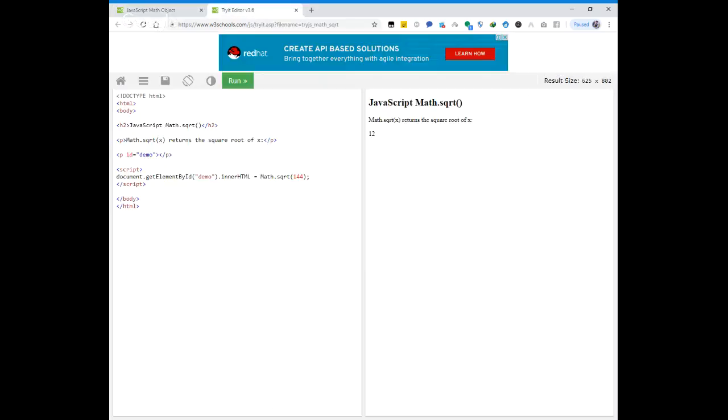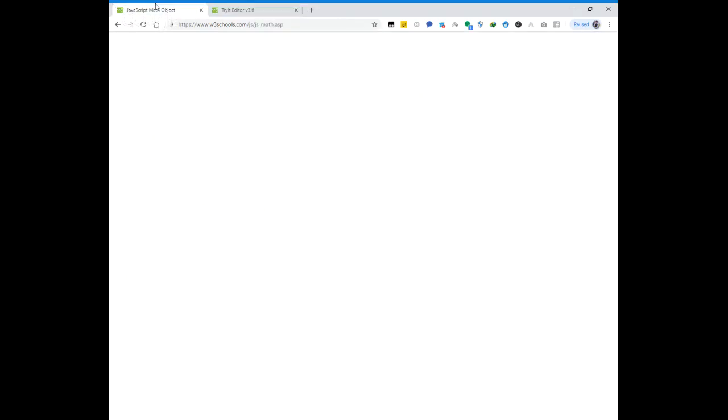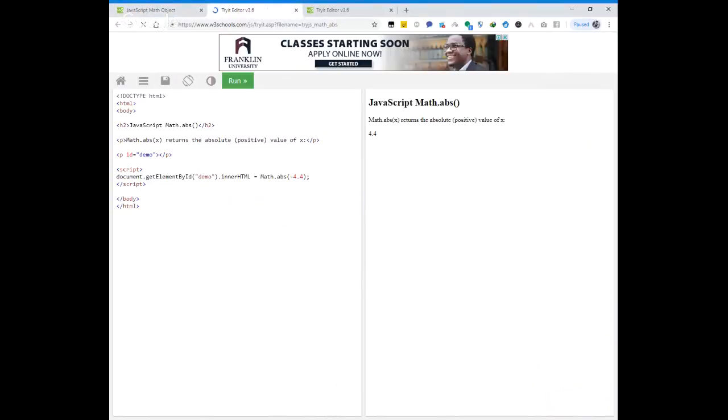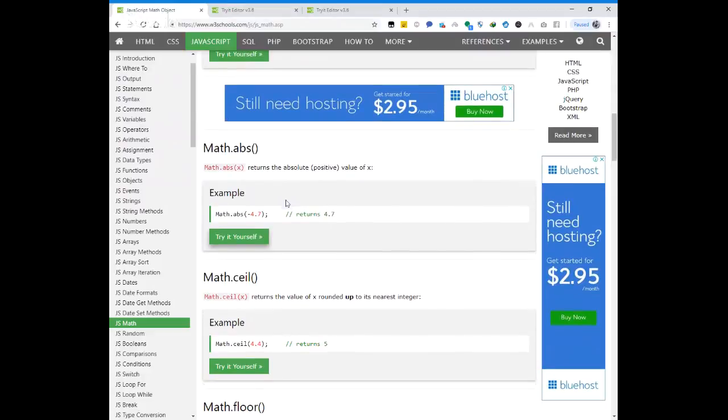I hope you're getting this into your mind. Math.abs returns the absolute value. Like if I put -4, it will return 4. Absolute value means positive value. I will not discuss the math here.